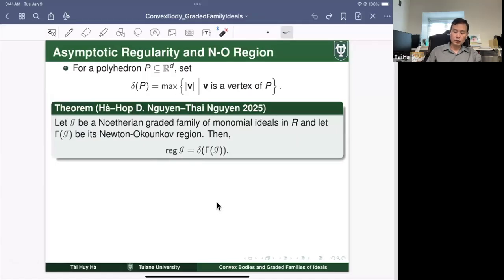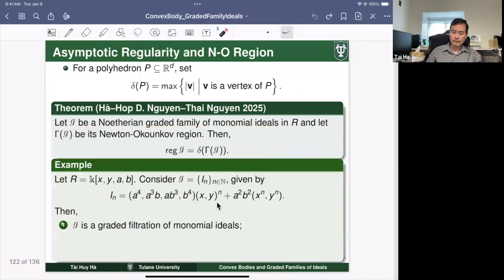Then we prove first that if we start with a Noetherian graded family of monomial ideals, we know that the asymptotic regularity exists. Now, if it's a Noetherian family of monomial ideals, and Gamma is the Newton-Okounkov region, then this asymptotic regularity is exactly delta of this Newton-Okounkov region. So it can be computed from the vertices of the Newton-Okounkov region.